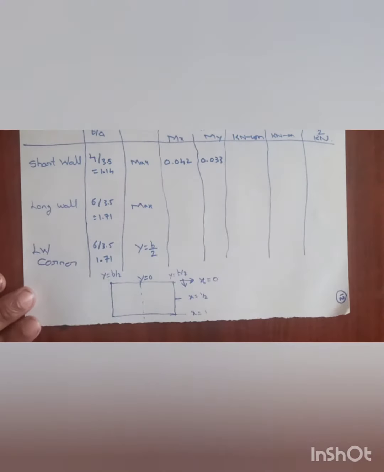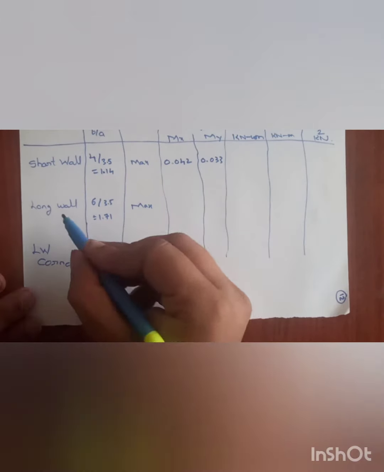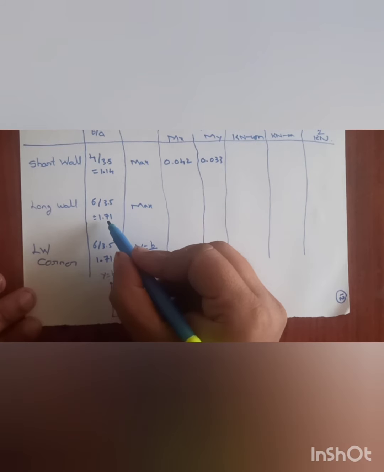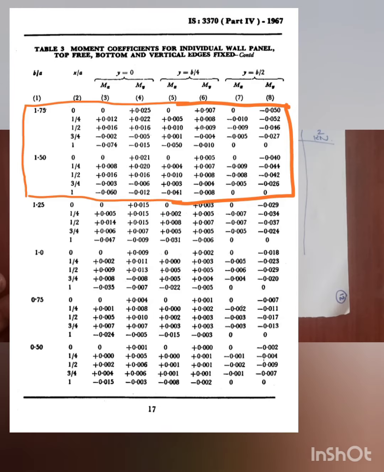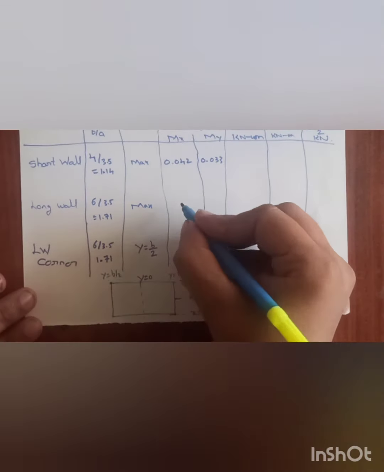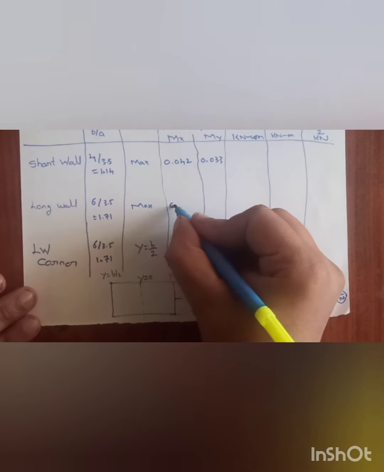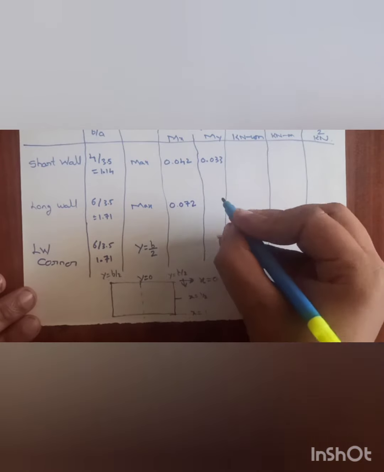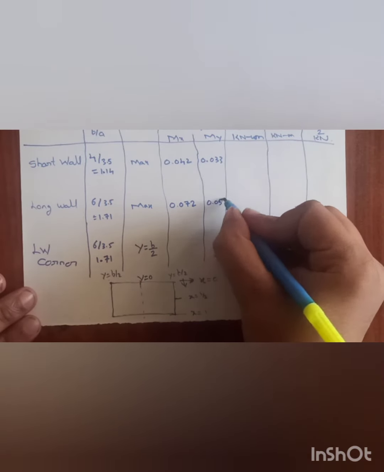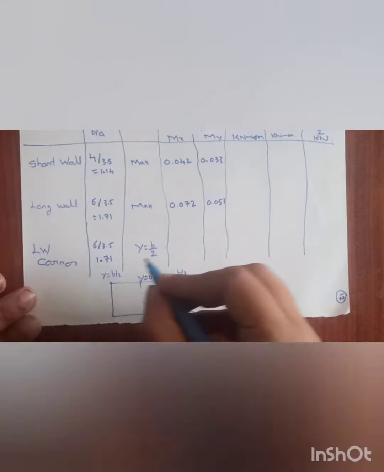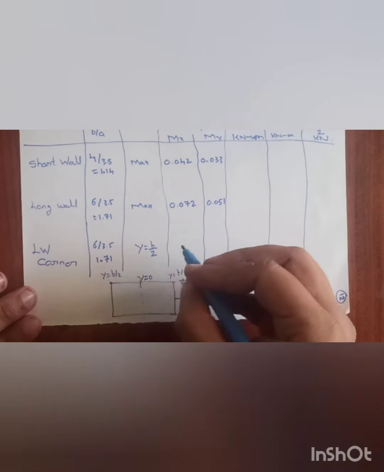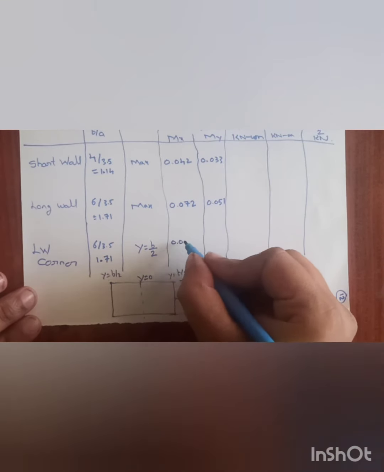I am directly filling the values. For long wall it is 1.71, so look in between 1.5 and 1.75 here. So it is 0.072, 0.051. For long wall corner mx is 0.009.